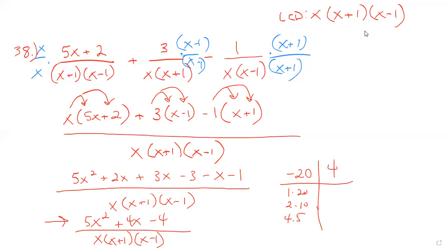Looking at this list, there is no way any of these factors are going to add to be 4. 1 and 20 is not going to do it. 2 and 10 is not going to do it. And 4 and 5, the closest I'm going to get is 1 or 9. So none of these are 4. That means this is my final answer.